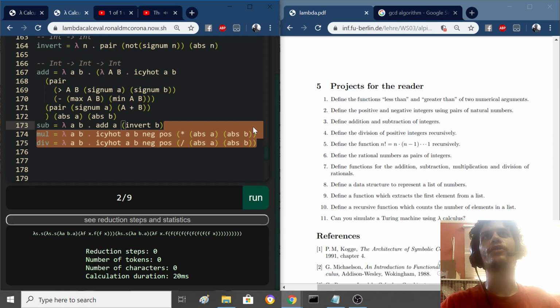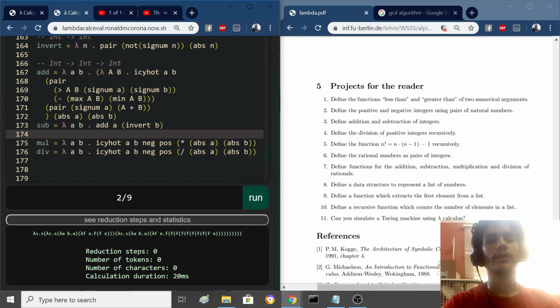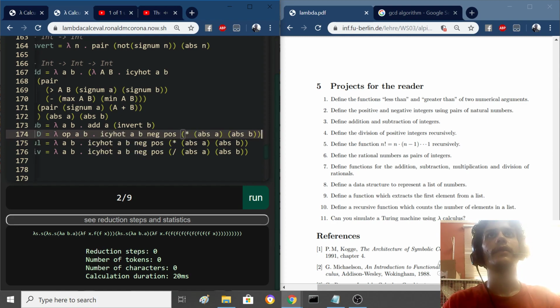You could just have one function to generalize them both, multiply or divide, and it's going to take whatever operator it is, either multiplication or division, and the A and the B, and pretty much copy all this stuff over, and then the operator will be right here.